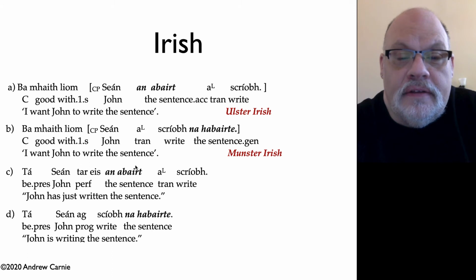That's reflected in these aspectual sentences as well. So in the progressive aspect, the verb precedes the object, and the object takes the genitive case. In the perfective aspect, by contrast, there's a position where the object can get an accusative case, and perhaps it has moved there from the post-verbal position.